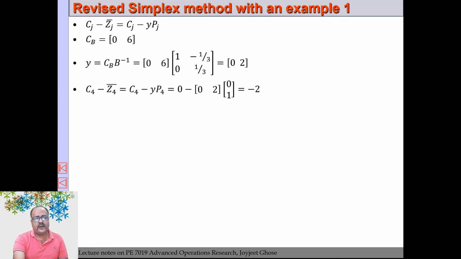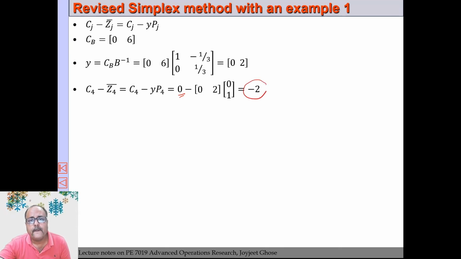Now I am interested in finding the Cj minus Zj of the non-basic variables. So we'll find out C4 minus Z4. C4 is the coefficient of x4 in the objective function, which is 0. So this is 0 minus (0, 2) times the column (0, 1). So 0 into 0 plus 2 into 1 will give you 2. So this is 0 minus 2.